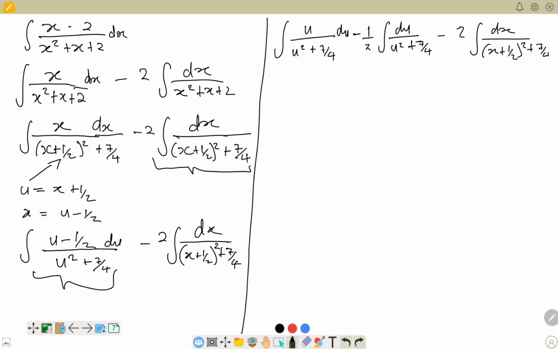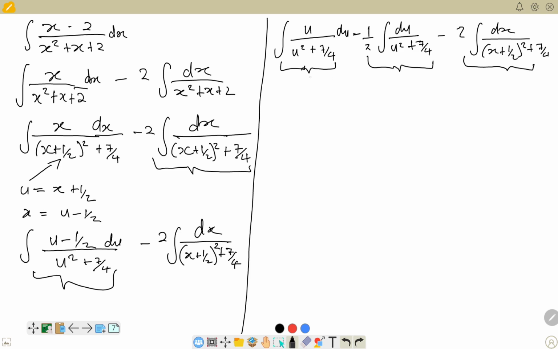So what are we having here now? We can see that this now is doable by a ln. This now is doable by arctan, and then this is also doable by arctan.